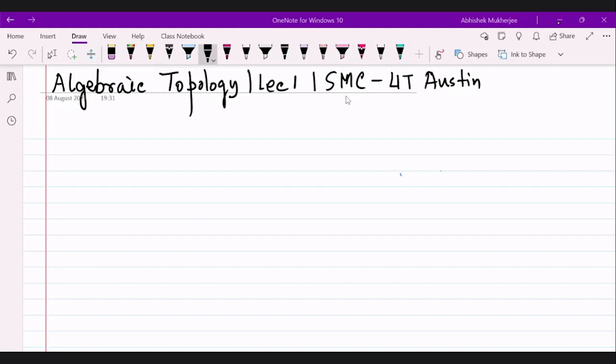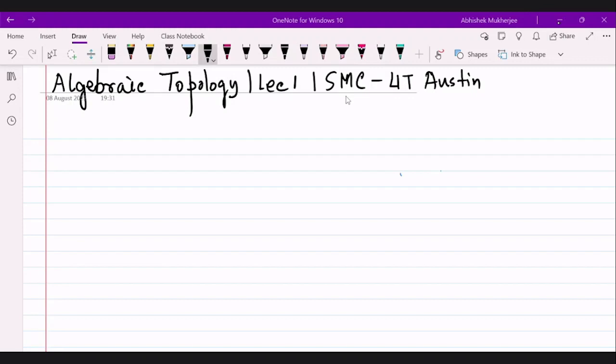These two objects will be needed to compute fundamental groups that will be discussed today. Fundamental groups of some spaces, and hopefully we are looking at some having non-trivial fundamental groups.